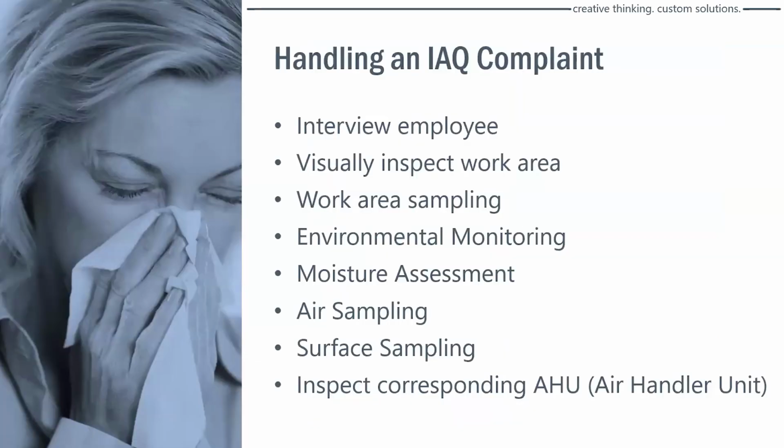So for a lot of facility managers, human resource personnel, they handle complaints. Somebody's working at an office or a facility, and they're not happy with the indoor environment in some way, shape, or form. So they file a complaint and say, I think the air quality is bad in here.